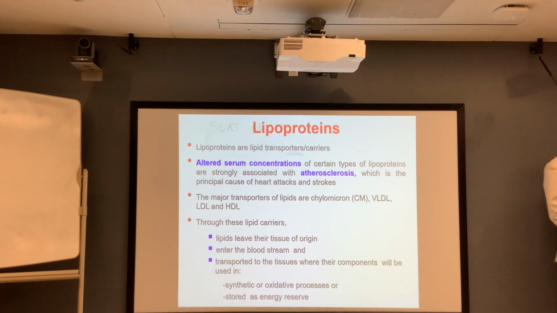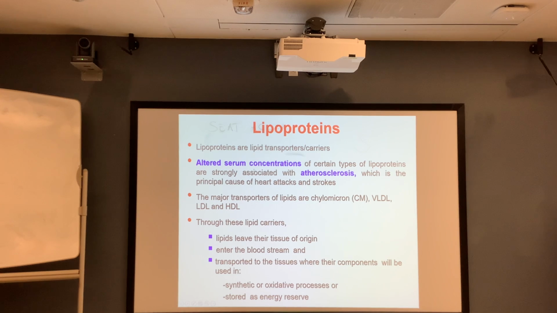And we will treat these lipoproteins as we go through this slide. These lipoproteins, therefore, become lipid transporters or carriers, since they have to combine with the lipids in order to transport them from one part of the body to another.